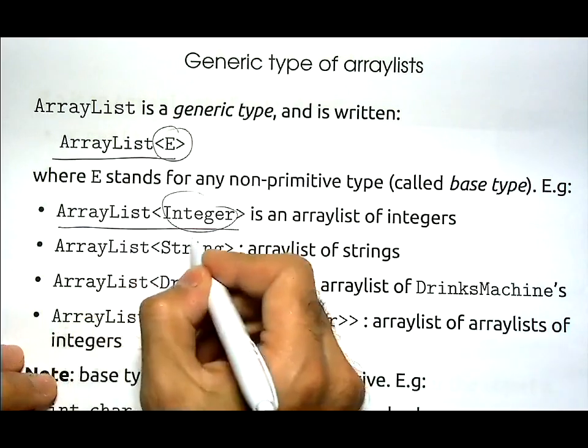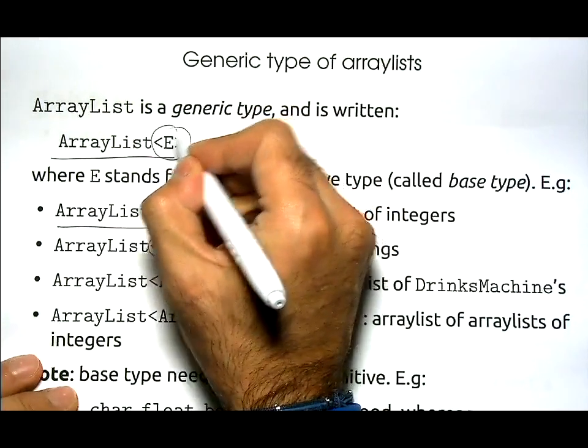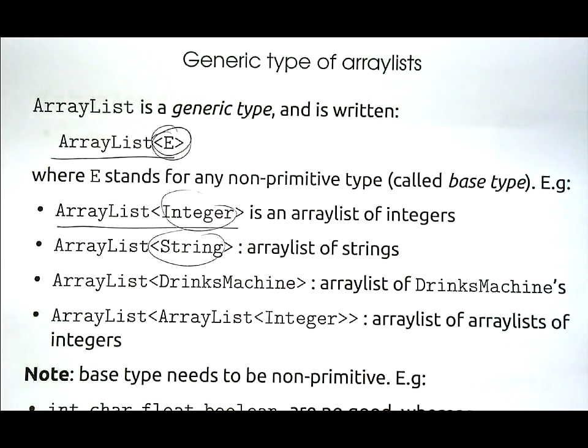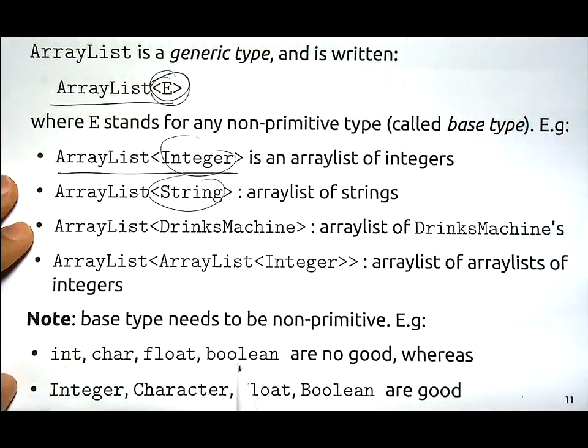If you write an array list of String, you get an array list of strings, and so on. It's important to note here that the type you put in place of E has to be a proper type, so it cannot be a primitive type. So you cannot put int, char, float, or boolean. Instead, you have to use the wrapper classes that return objects: Integer, Character, Float, or Boolean.